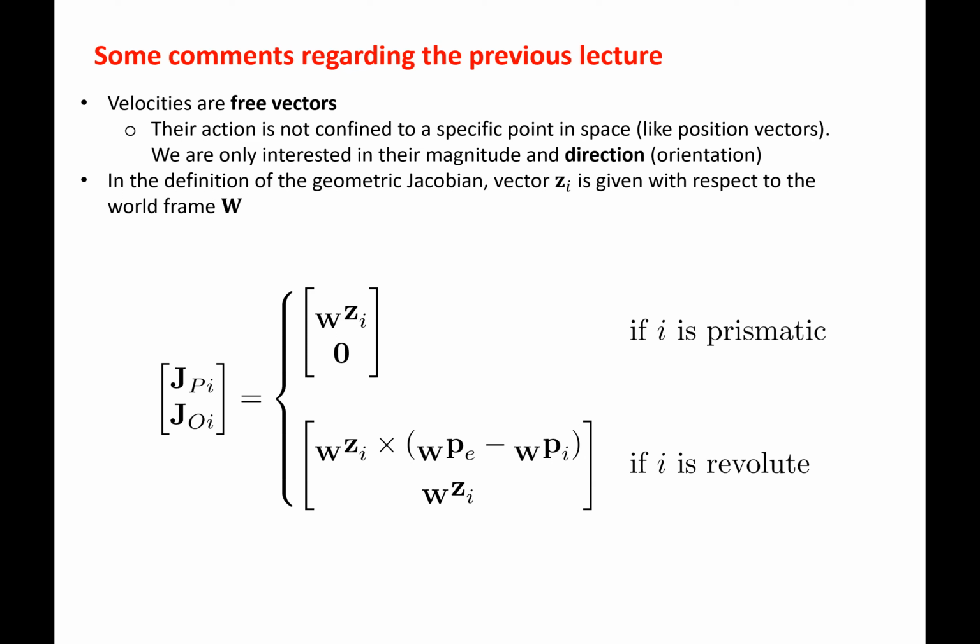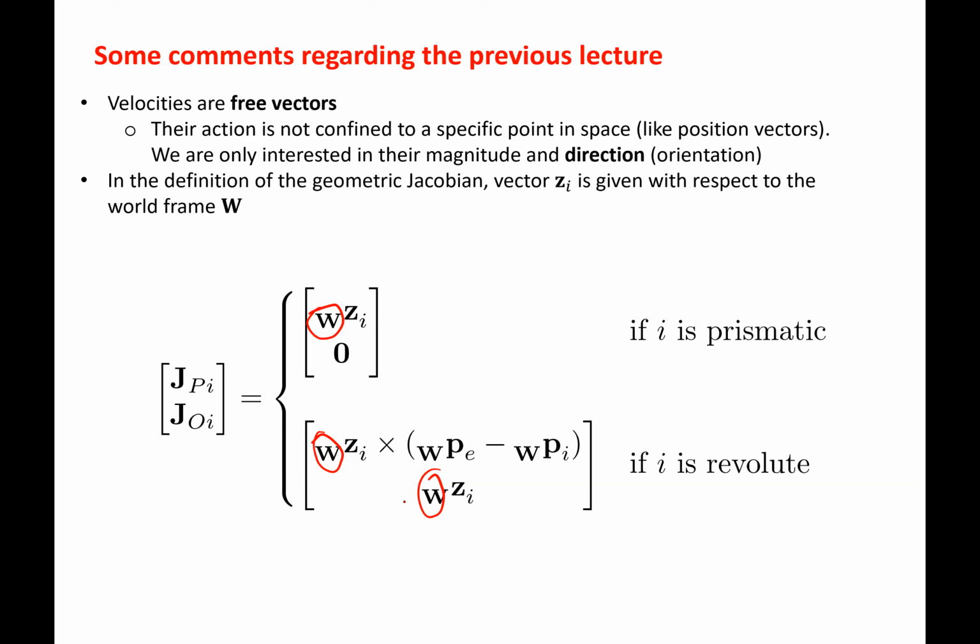Okay. Thank you. So here I'm adding this left subindex to the Z_i. It's important because then it would be very easy to get the Jacobian if every vector were (0, 0, 1).